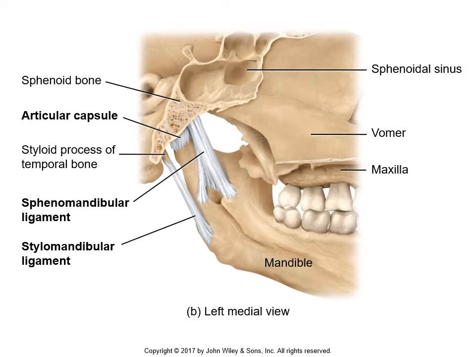There are a number of different ligaments that attach to these structures we talked about. They weren't just random structures. Even the styloglossus, a muscle that helps with the movement of the tongue, attaches to the styloid process.